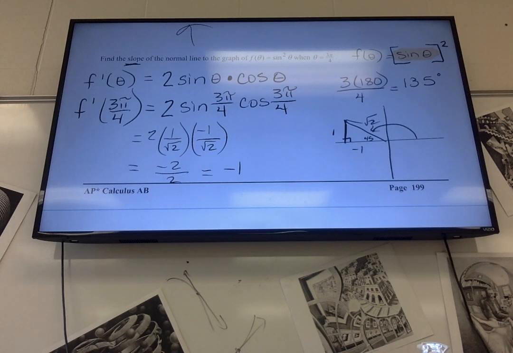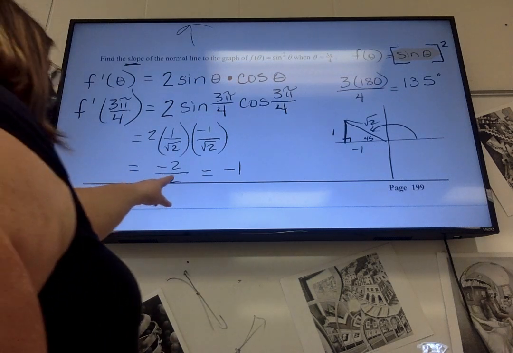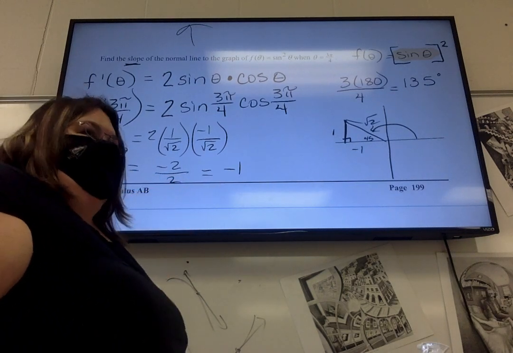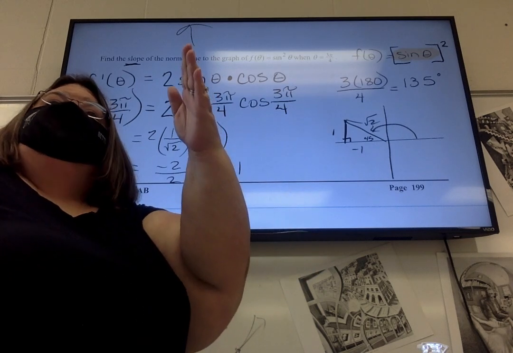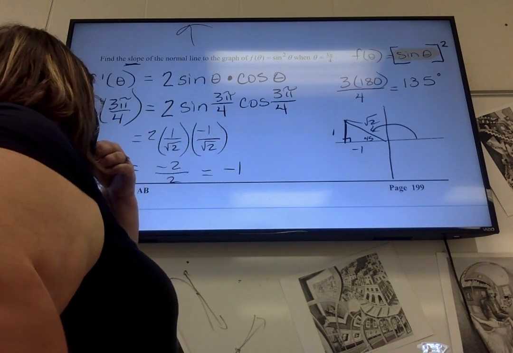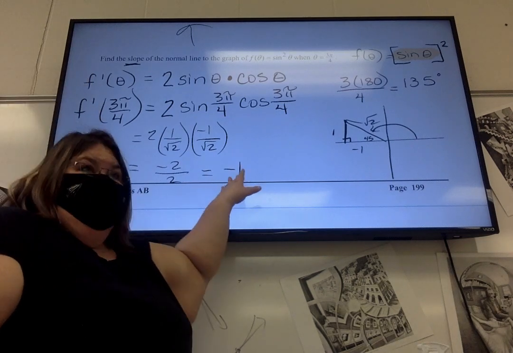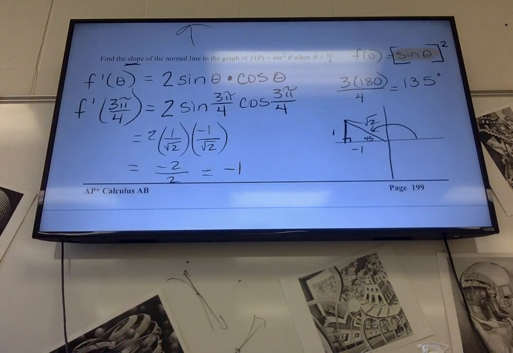Are we done? No. The fact that I asked, are we done, means no. What are we supposed to do? I have to find the slope of the normal line. I found the slope of the tangent line, and it's negative 1. Now let's find the slope of the normal line to that tangent line.